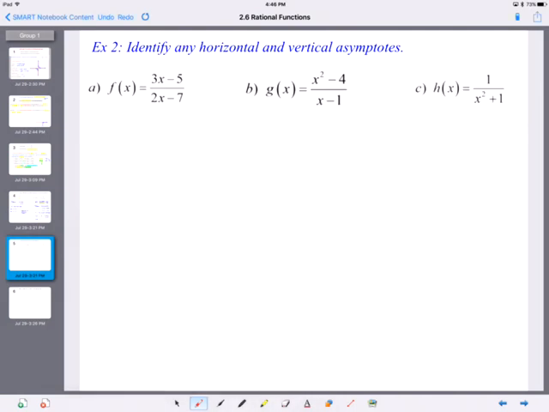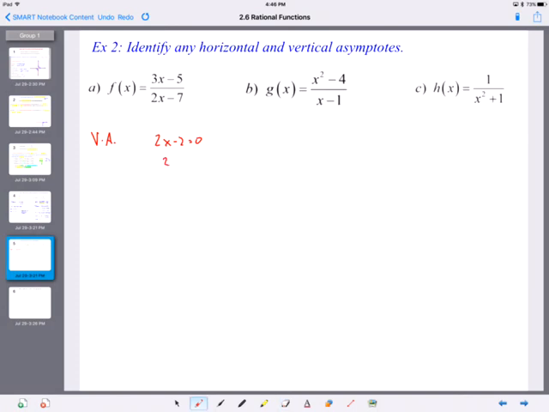Alright, on example A here, we're going to do the vertical first. So the vertical asymptote has to do with the denominator. So what value of x makes the denominator equal to 0?